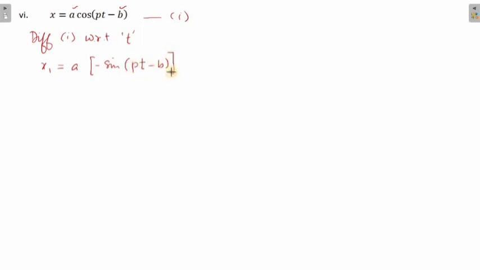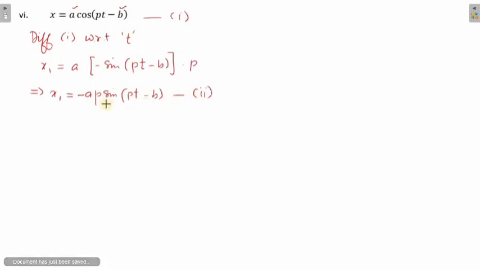But as per the chain rule, we need to differentiate the inner part also. The differentiation of pt is p, and the differentiation of b is 0, so just write p here. So from here you get x1 equals minus ap sine(pt minus b). Call this equation number 2.